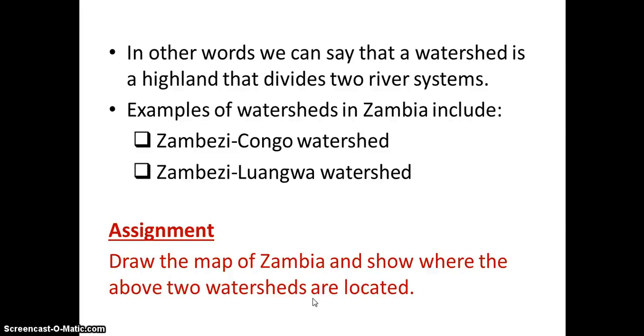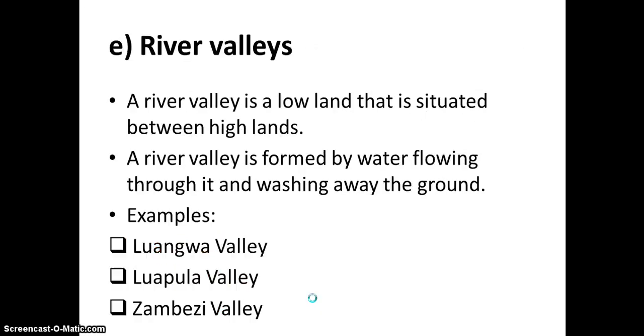You can use an atlas, or you can tell your parents to help you check for the information on the internet. I want you to find where these two watersheds are located. Where are they on the map? So I want you to draw the map of Zambia and try to indicate where these two watersheds are, the Zambezi Congo watershed and the Zambezi Luangwa watershed.